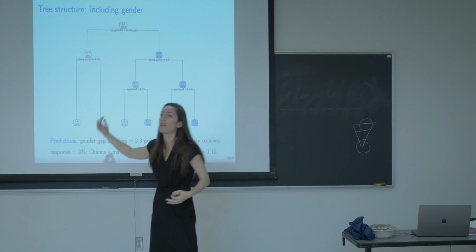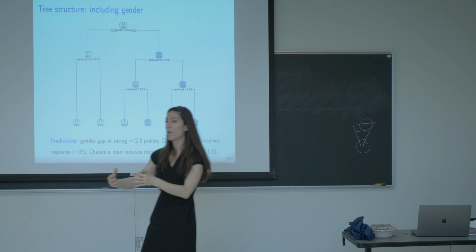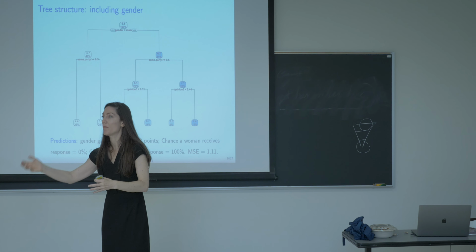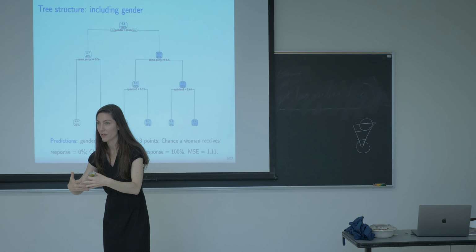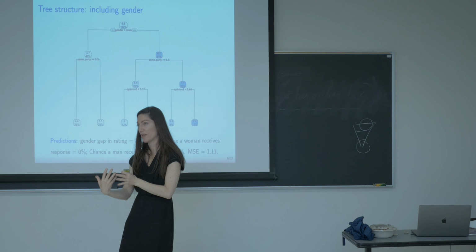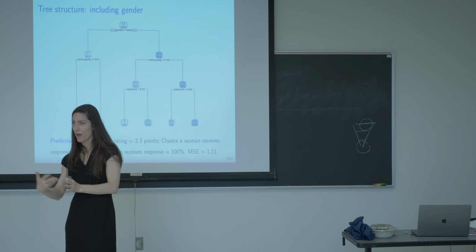If you have a second predictor, where you find that after partitioning the data, among women there was something else that correlated with whether they received a response or not, suppose sharing the same party identification with the legislator. Suppose that after partitioning based on gender, you see that among women there was still some remaining heterogeneity in terms of how they were treated.